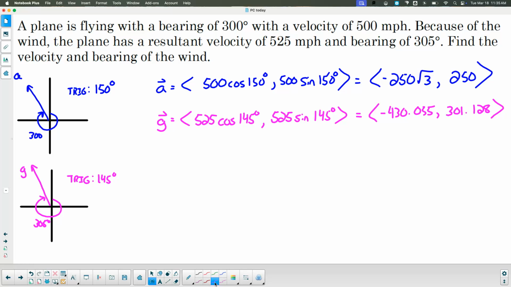Let me make sure that that's what I got here. Negative 430.055, 301.128. Yes. Except I got a bad 5 going on in here. There we go.